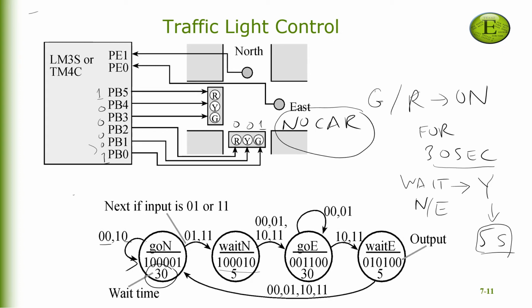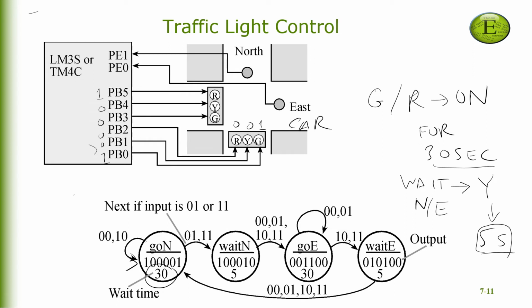But as soon as there is a car in the east, we begin to make a transition. This is what it means by 0 1 and 1 1. So depending upon the sensor output, which is sensing the traffic in the north and the east road, we make the state transition. Either we retain the state or we go to the next state. All right. I hope this makes a lot of sense to you.